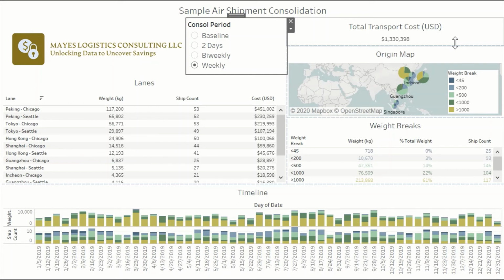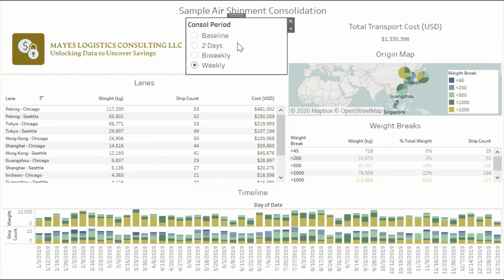Another word of caution is, as you increase the consol period, you have to be careful that you are still achieving satisfactory levels of service, because increasing the consol period will mean things arrive at the destination more slowly than in the baseline.